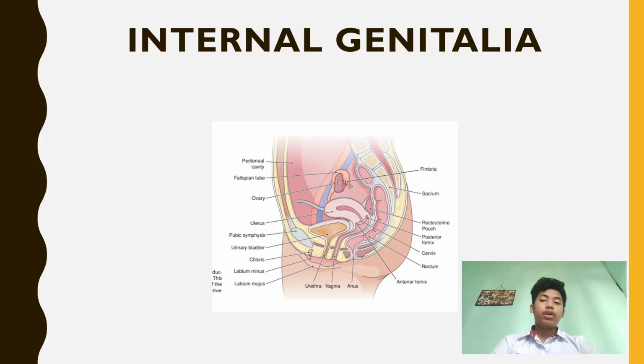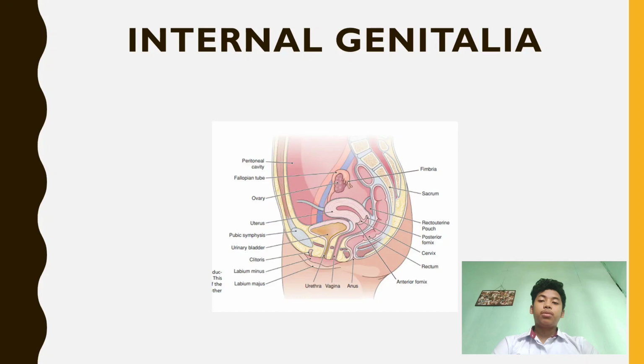The ovaries are connected to the uterus by the ovarian ligament. The ovary's function is to develop and release ova and to produce hormones such as estrogen, progesterone, and testosterone. The ovum travels from the ovary to the uterus through the fallopian tubes.